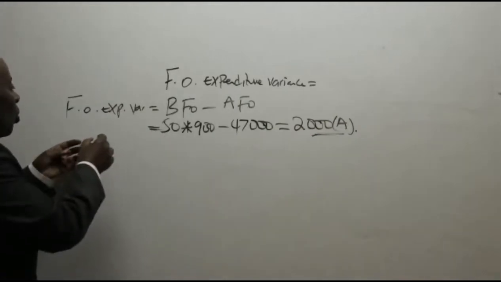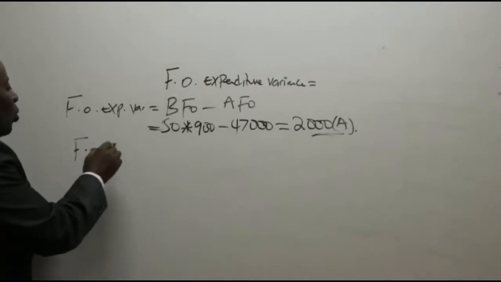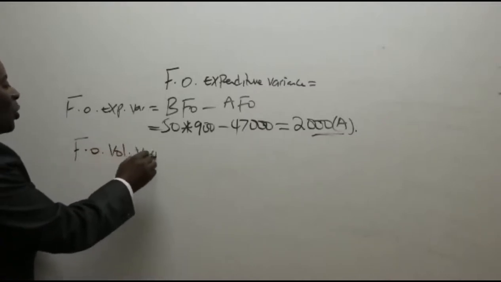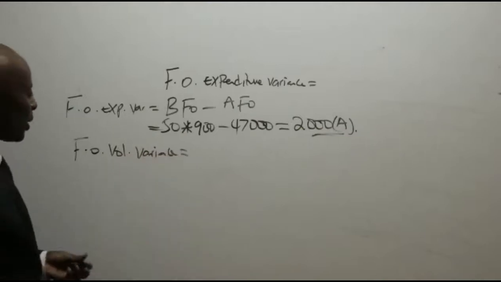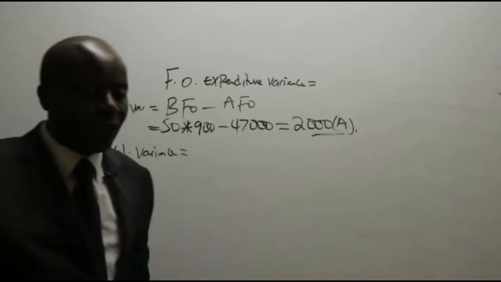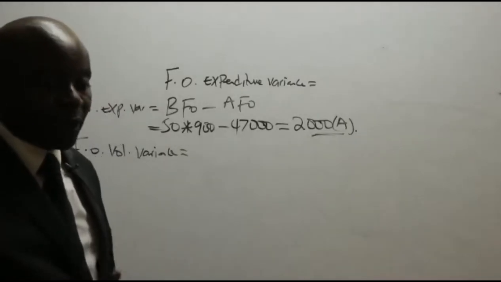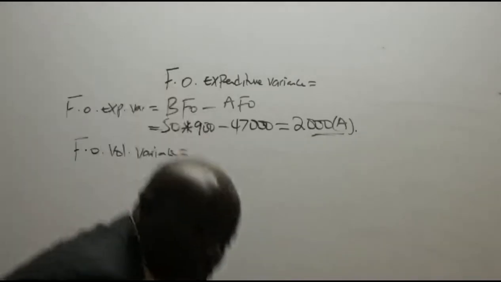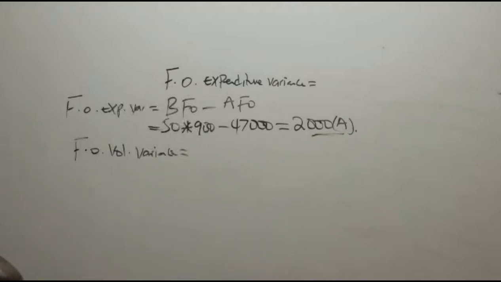What I do not know is whether anybody will be able to get the next component they want me to calculate: the fixed overhead volume variance. Is there anybody who can get it, first of all, by putting down the formula?